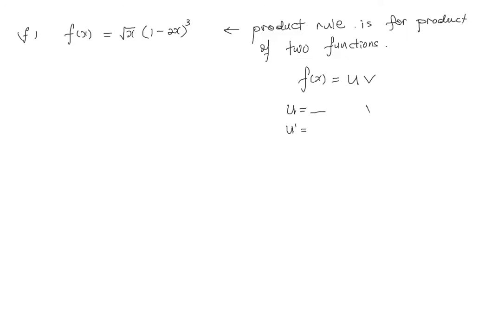Then I write down the other function and get its derivative, v prime x. The derivative or rate of change of f(x) will be, every time, product goes with addition: v u prime plus u v prime.